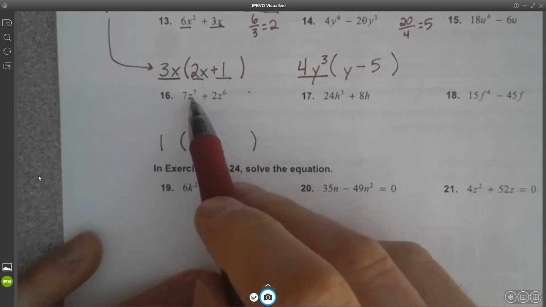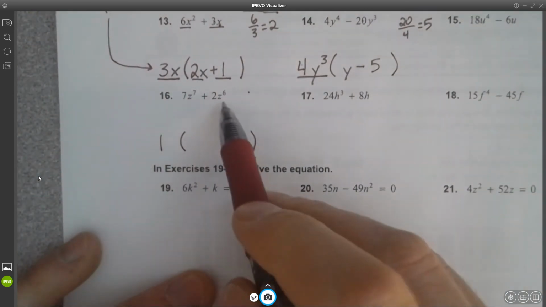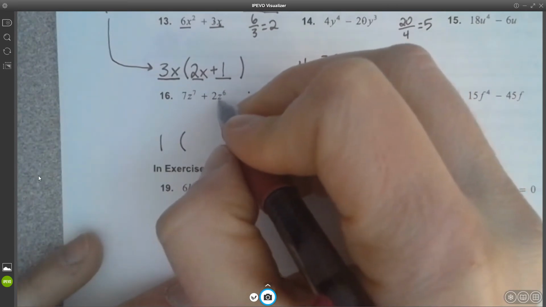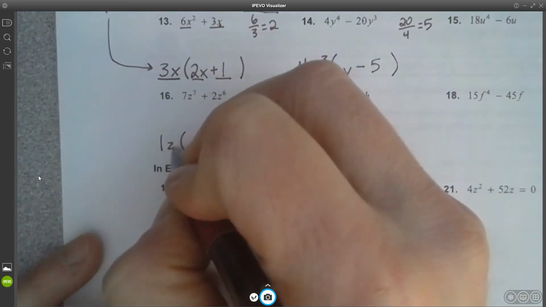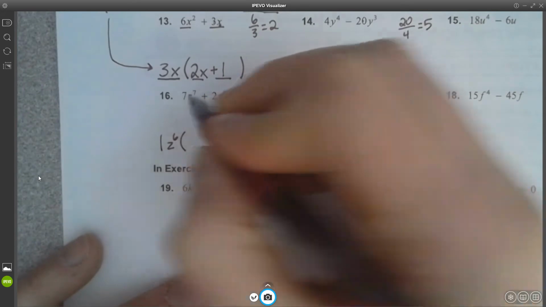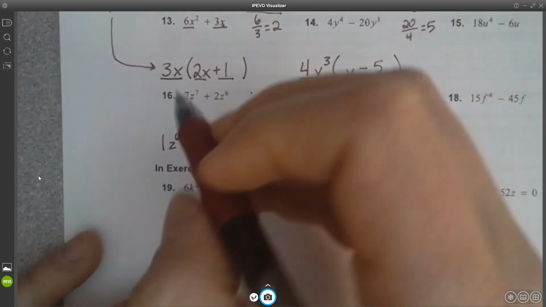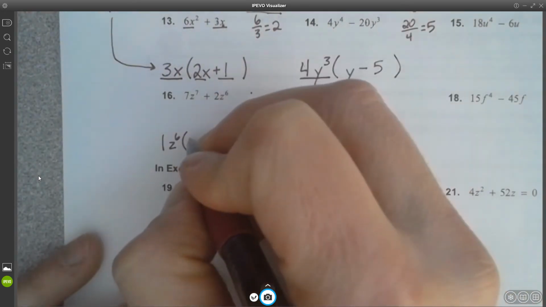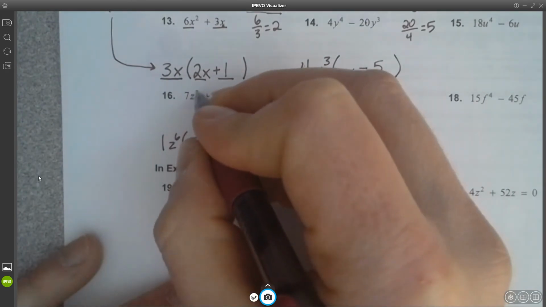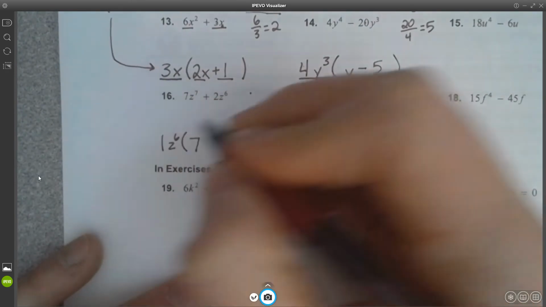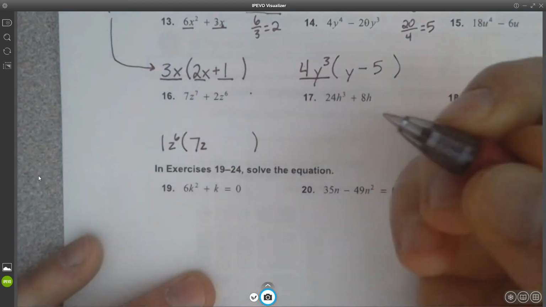What else? Well, they both have z in common, so I can take 6 z's out of each term because there's more than 6 z's in the first term. So 7 divided by 1 is 7. Z to the 7th, if I take 6 of those out, that leaves 1 left.